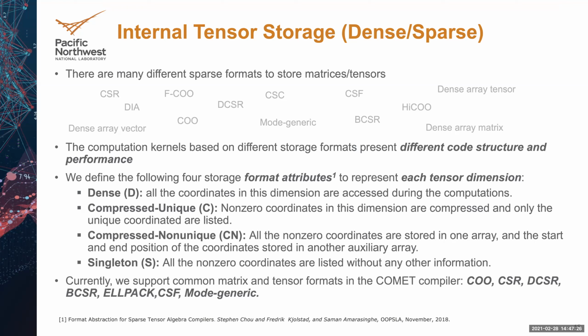Each of them means different things. For example, if the dimension is dense, in our internal storage format we only need the size of the matrix or tensor. And if it is non-unique, we need to store all the non-zero coordinates in one array, and then just look at the start and end positions of the coordinates.